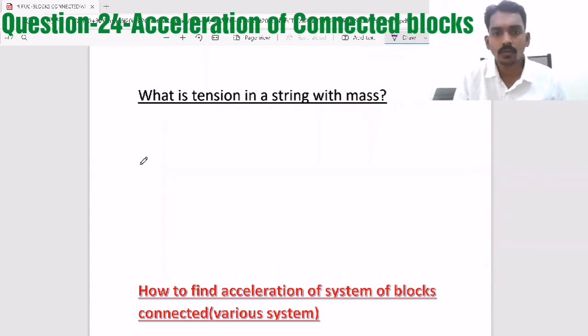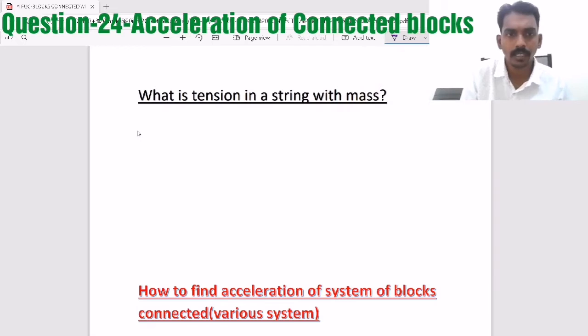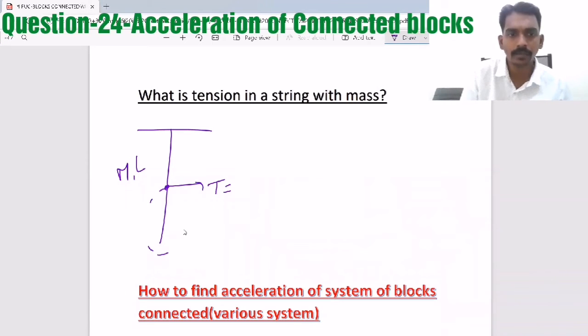Now the thing is, what is the tension in a string with mass? If this is a string having some mass, let's take M and length L. At any point, tension means, as I said, the total weight hanging. That means the total weight of this portion is the tension.